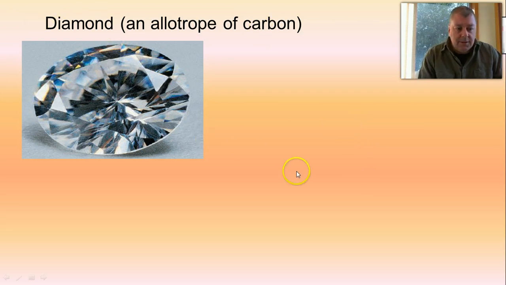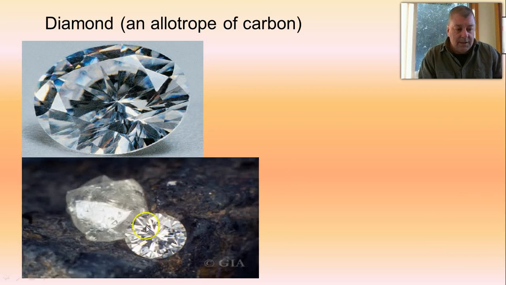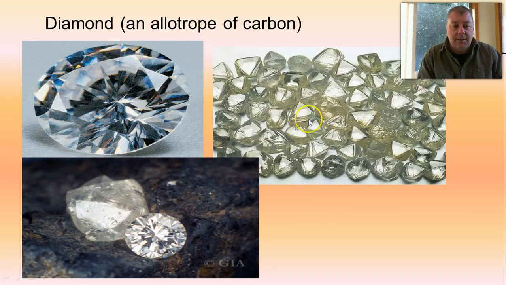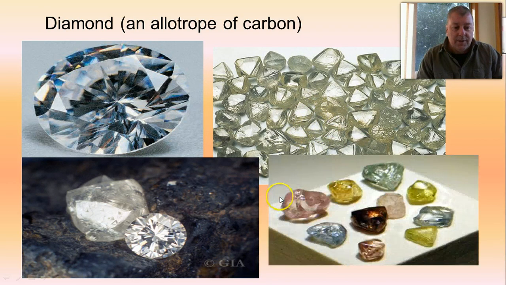Now this is a cut diamond. You see them in rings. There's a cut diamond as well. There's a naturally occurring diamond. They don't come out of rocks looking like that. They come out looking like this, and sometimes you can see that they come out looking like this, where you have two little pyramids joined together, and that's their natural crystalline structure.